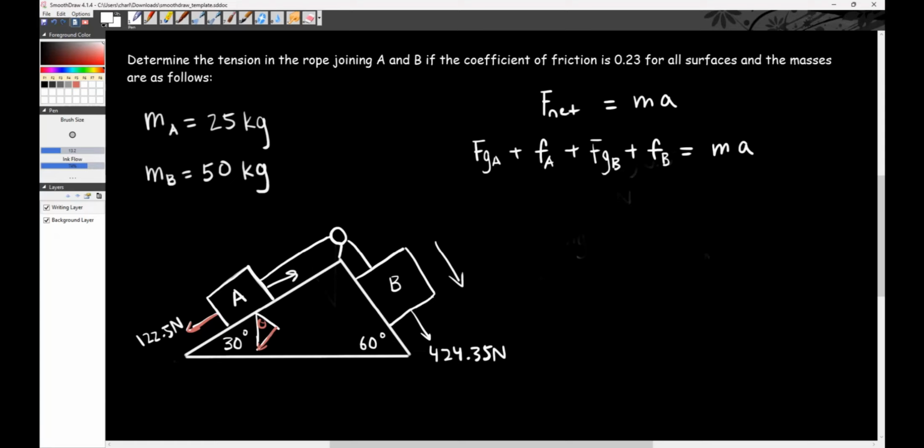It's not going in this direction, so it's going to be negative. And we already got the number for it, which is 122.5. And friction opposes the direction of motion. As we know it's going this way, friction has to be going this way. So that's going to be negative as well.